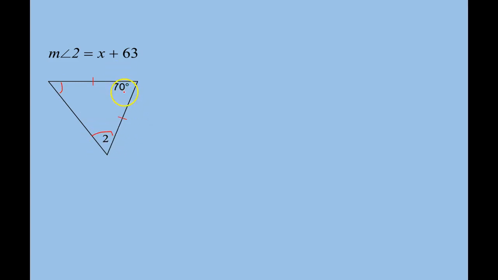If this angle measures 70 degrees, 180 minus 70 is 110. Right, and when I divide 110 in half, I get 55. So this angle measures 55, and so is this one. But I'm not finished. I need to plug it in. So the measure of angle 2 is 55. And so you solve for x.